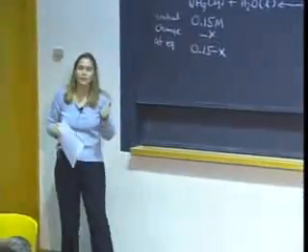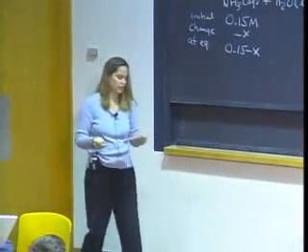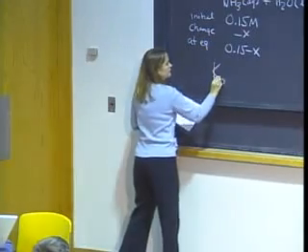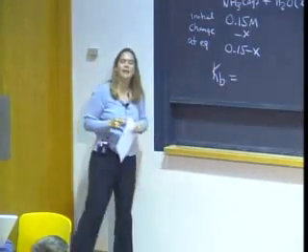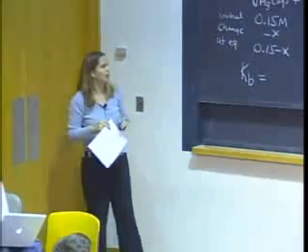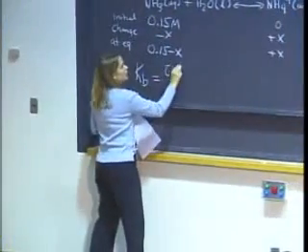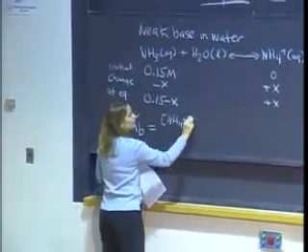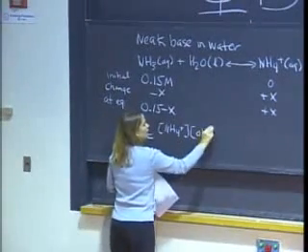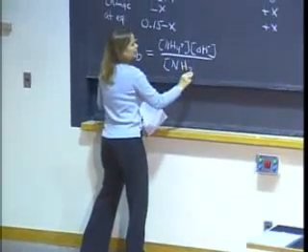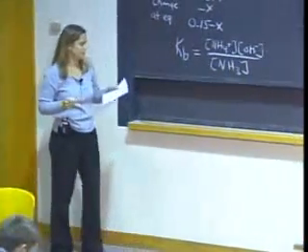So now it's a weak base in water, so we're going to talk about a Kb. And so Kb is the base ionization constant. So Kb is also going to be equal to the products over reactants, because it is an equilibrium constant, and we're not including water because it's the solvent.